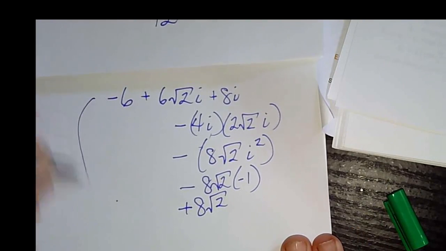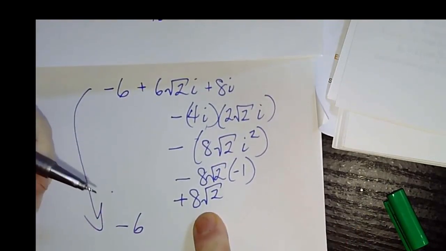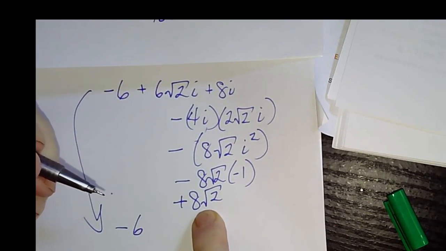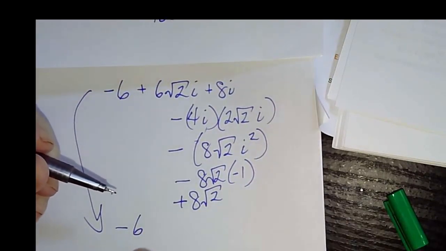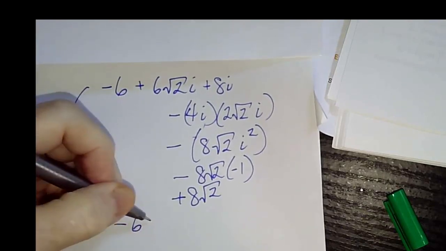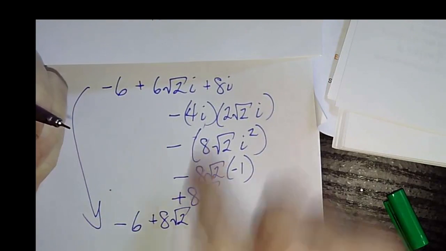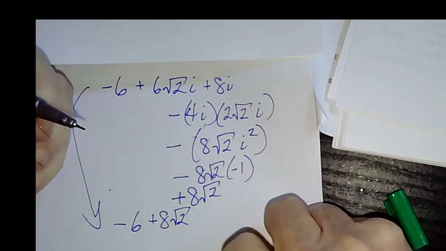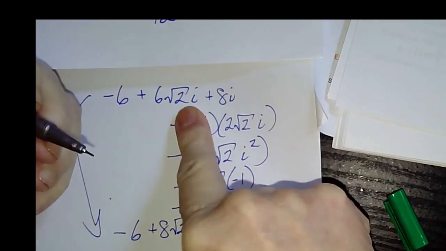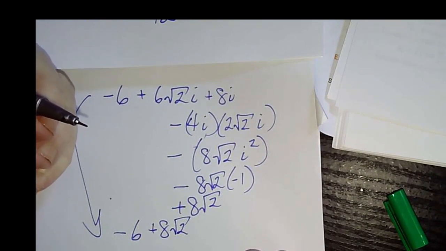So let's see. We have negative 6. I'm going to move this positive 8 square root of 2 to the front instead of the last because it's a real number. And then we have plus 6 square root of 2i. Was that positive? Yeah.